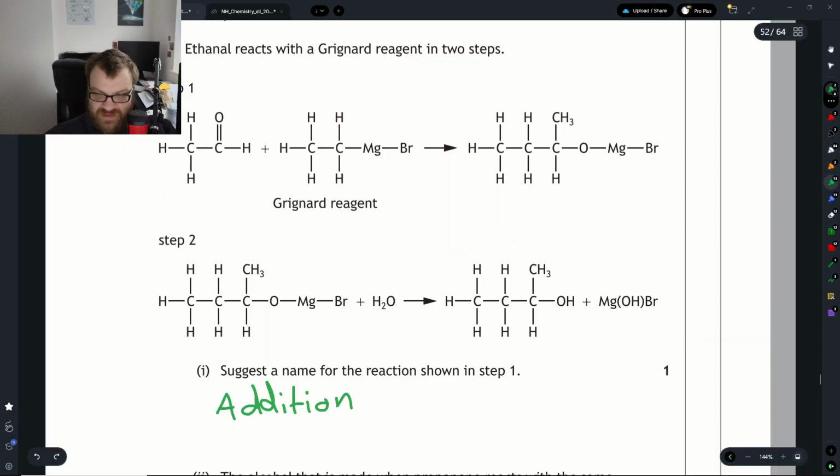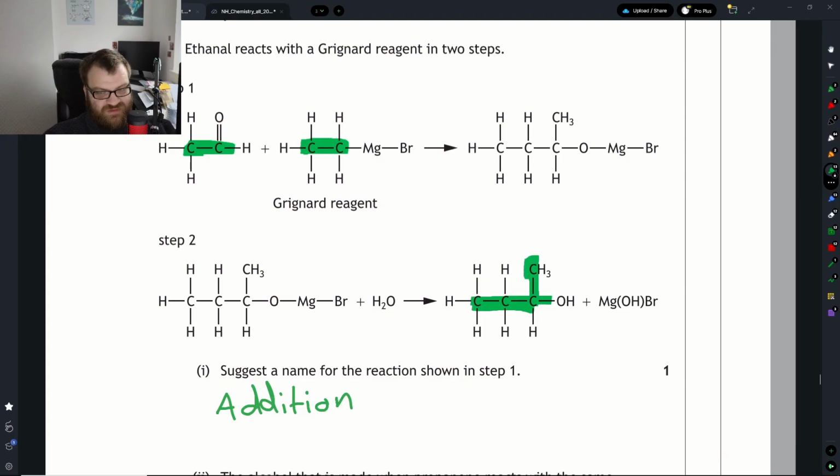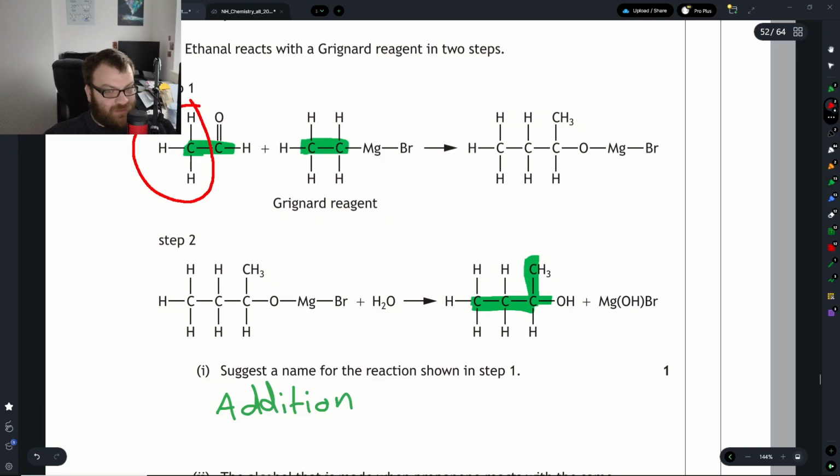From the start to the end, we had 2 carbons in our carbonyl compound, and we had 2 in our Grignard reagent, and we had 4 carbons joined together. At the end, we had our OH turn into an alcohol, and the methyl part of the aldehyde was then moved up to the top. So it's kind of rotated around a little bit to try and put the things together.